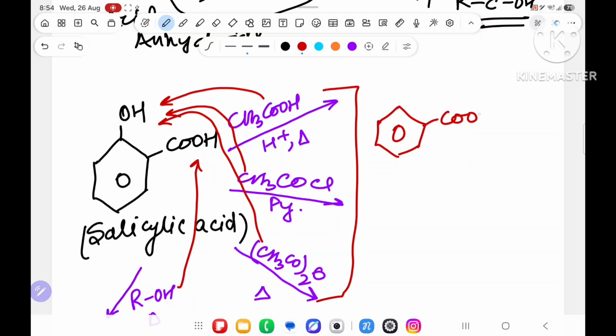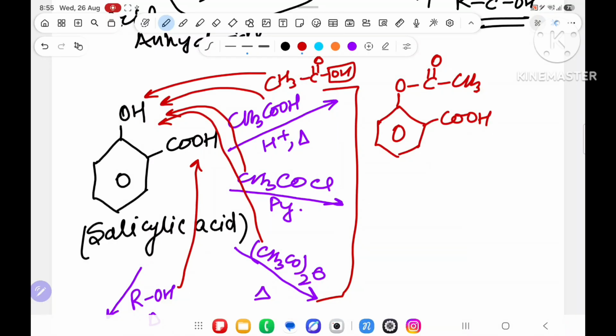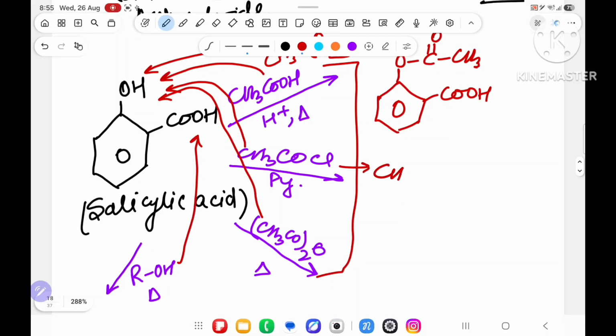Benzene ring COOH will not be touched. Over here OH will go, and the remaining part C double bond O CH3 will come. Over here what happened? CH3 C double bond O OH will be there. OH will go, and this will do esterification. Over here CH3 C double bond O Cl is there.